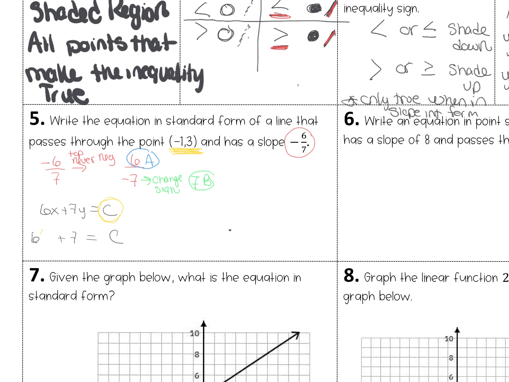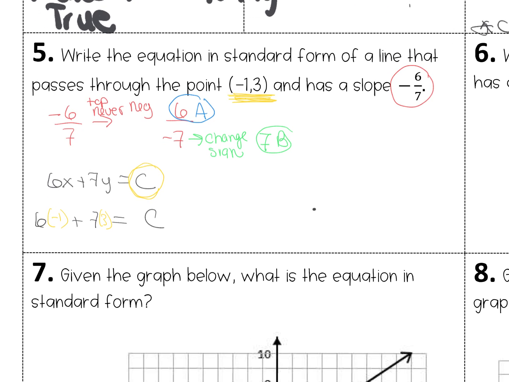And then in here, my x was -1 and my y was 3. And you can absolutely type it in the calculator. 6 times -1 is -6, plus 7 times 3 is 21. So this comes out to be 15 equals C. So now your final answer is 6x plus 7y equals 15.